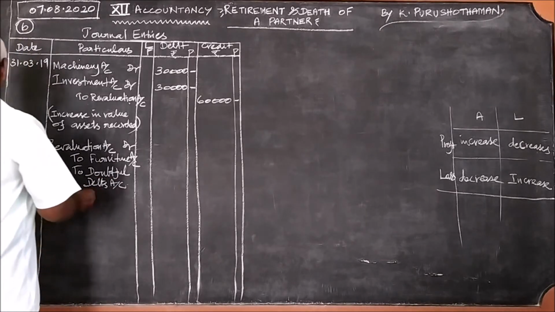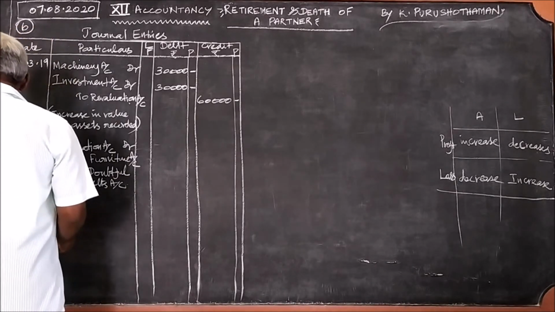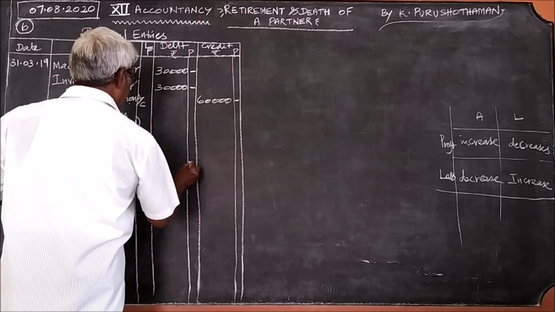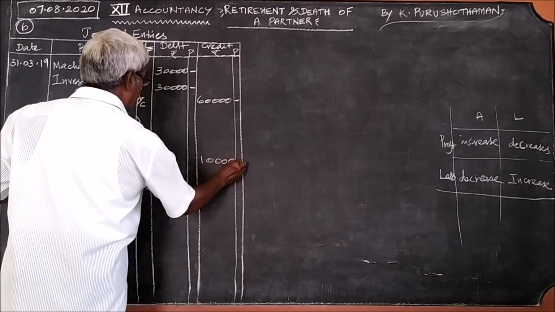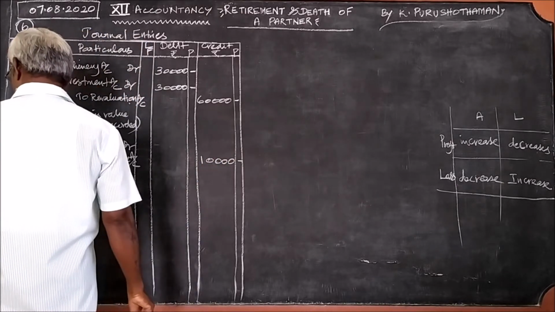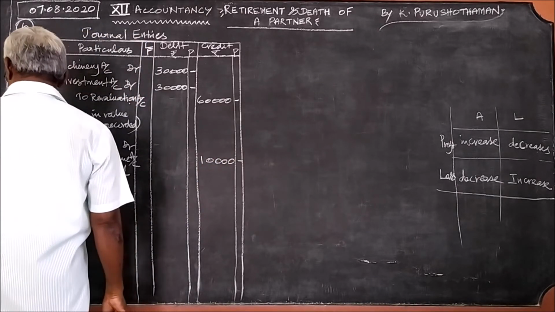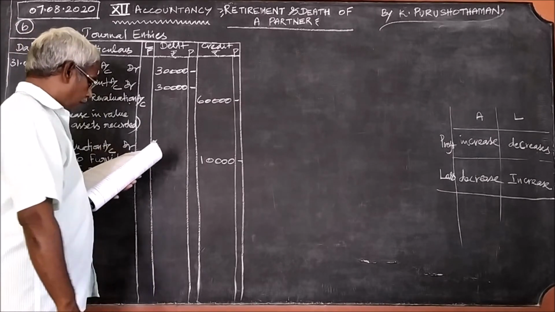In this, furniture value is brought down, that is decreased, as 10,000. And the provision for doubtful debts is increased to 5,000.